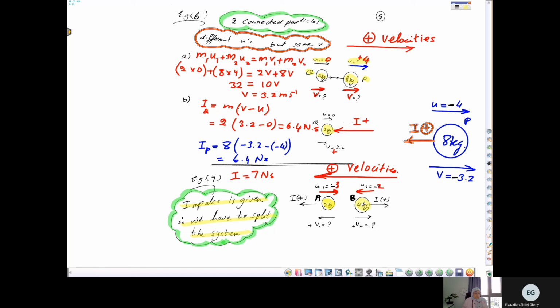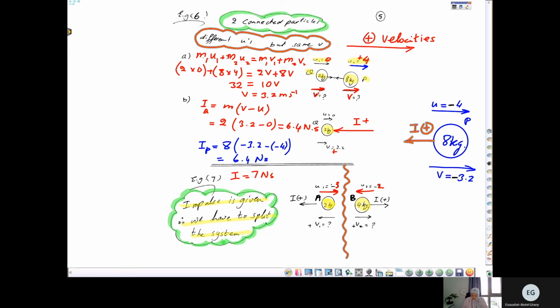You want to find the velocity of A after collision, and also we need to find the velocity of B after collision. So now we are not dealing with velocities direction. We need to deal with impulse direction, as we will split the system.